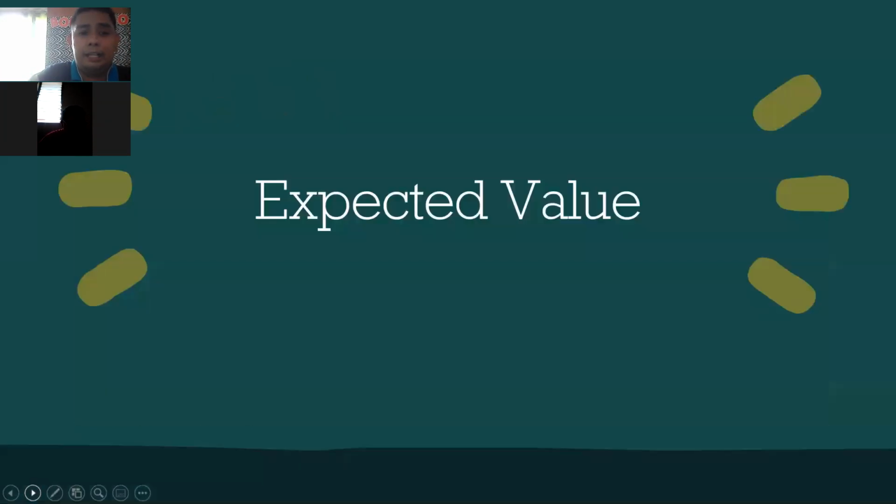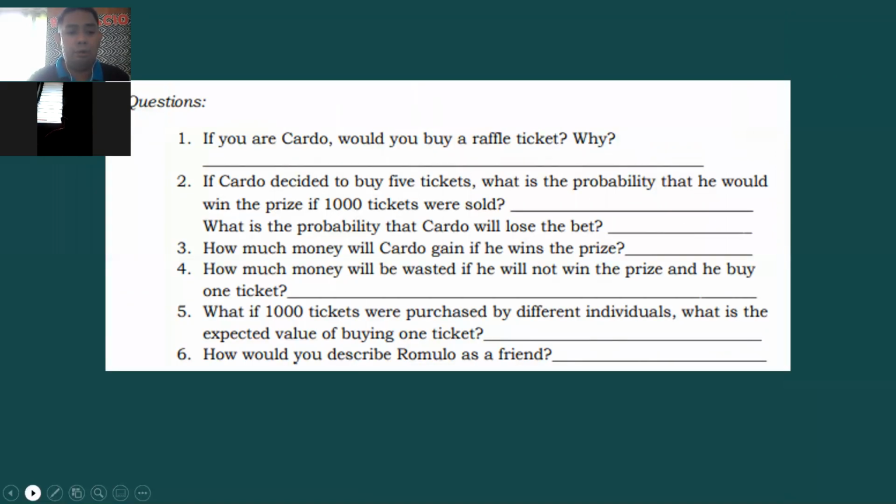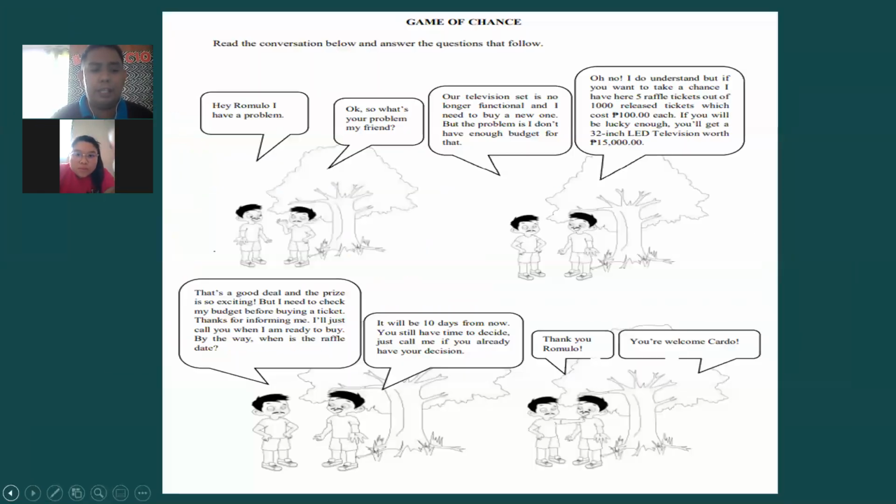Clear po tayo? Let's proceed with our second lesson. Expected value. When we talk about expected value, this is also defined as the average value of a random variable over numerous trial experiments. So, expected value natin, kapag normal na given, ang expected value natin is the mean. Okay po.